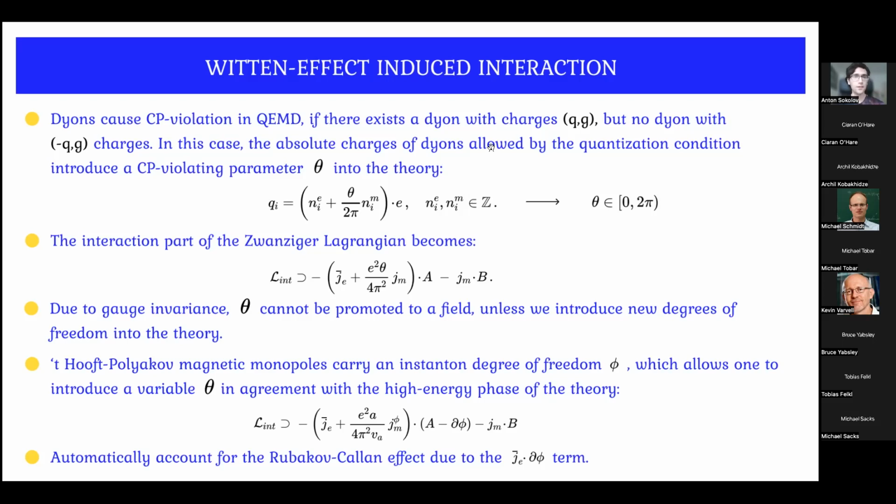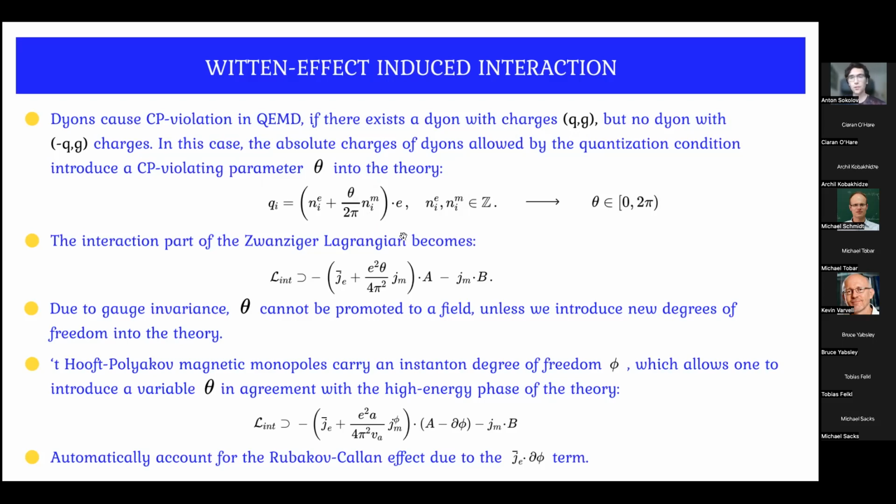So here we see that if there exists in quantum electrodynamics a dyon with charges (q, g), but no dyon with charges (-q, g), then we can solve the quantization condition and see that the electric charges of particles are really not quantized, but there can be some non-quantized contribution proportional to the parameter theta.